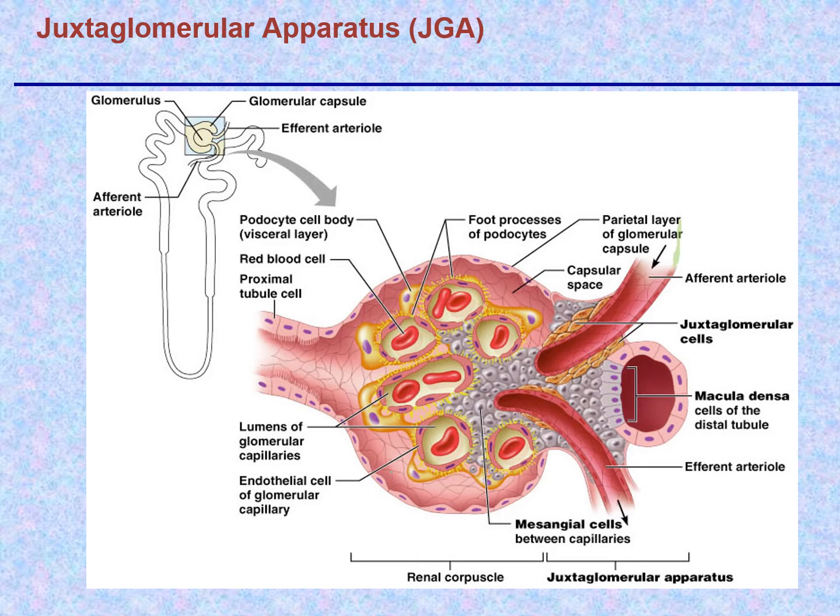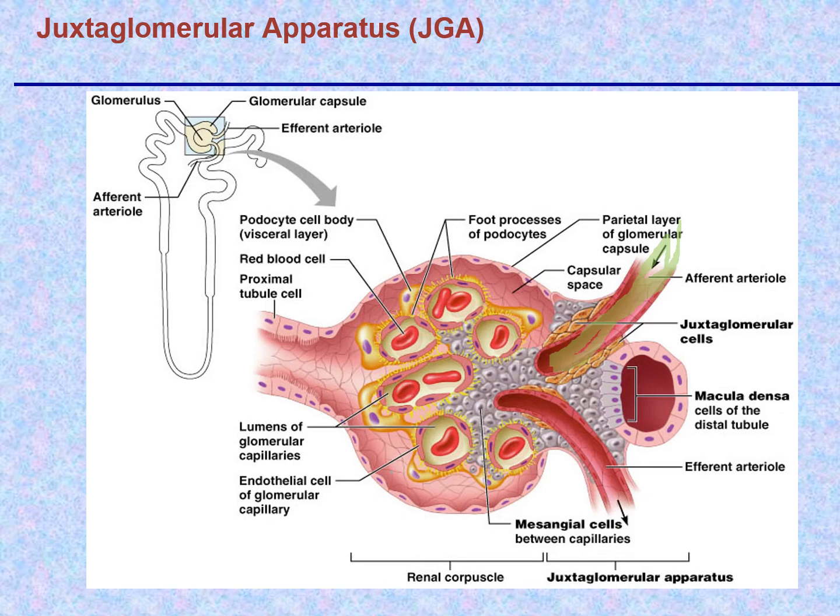Here you see an afferent arteriole coming in, and then you see the glomerulus in cross section, the thin little capillaries of the glomerulus, and you see the red cells going through. Remember, in a capillary, red cells are essentially going through single file. They're very, very thin, so this is an artist's drawing.